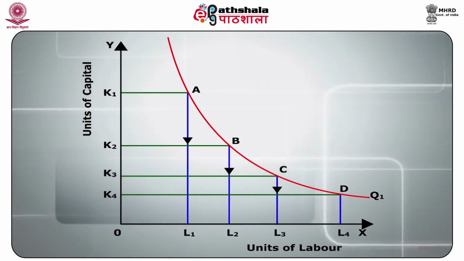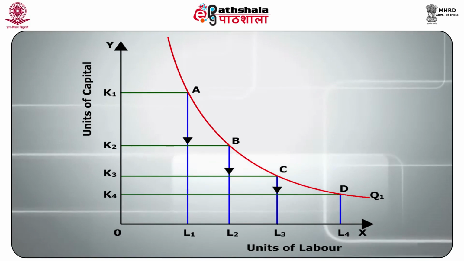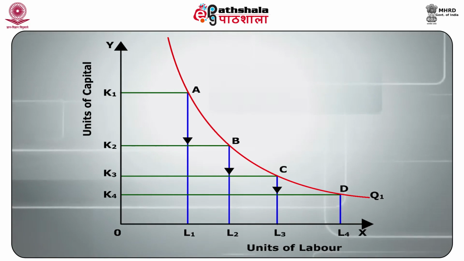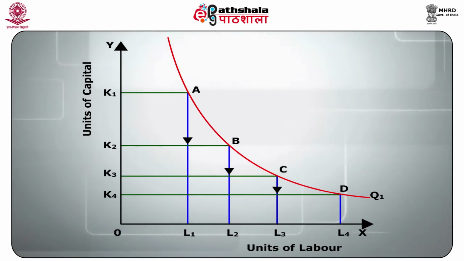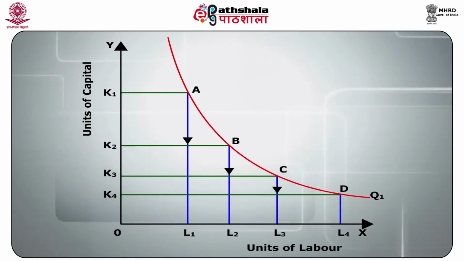The MRTS goes on declining as we move down on the isoquant, showing that the quantity of capital that needs to be sacrificed by employing more units of labor declines so as to maintain the same level of output.